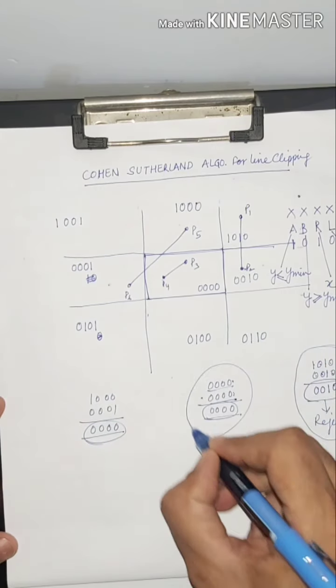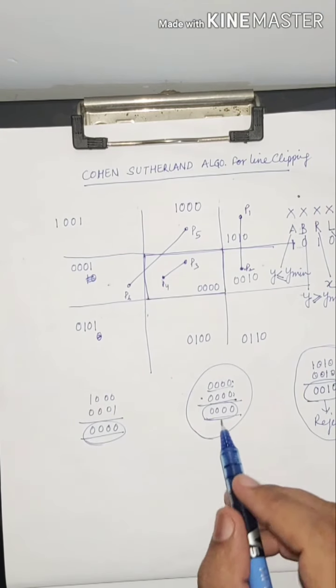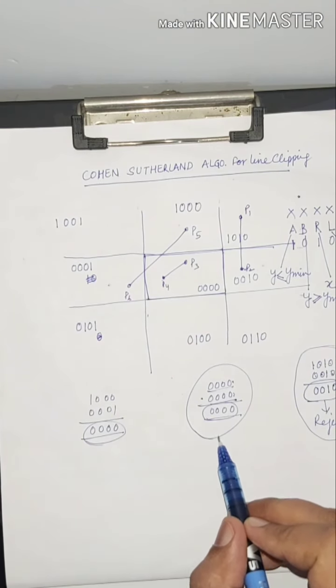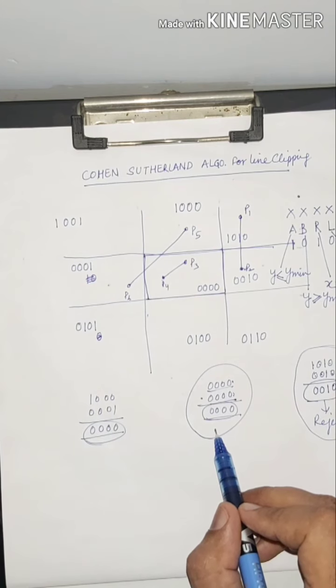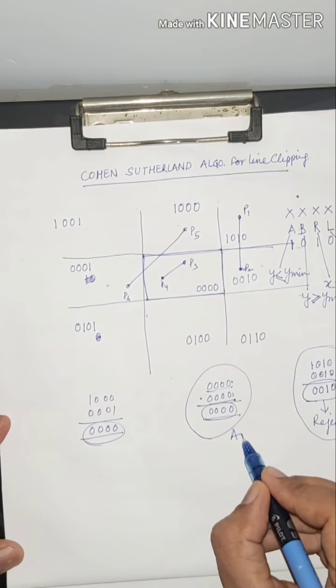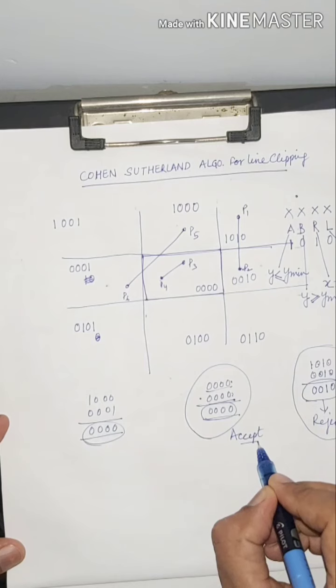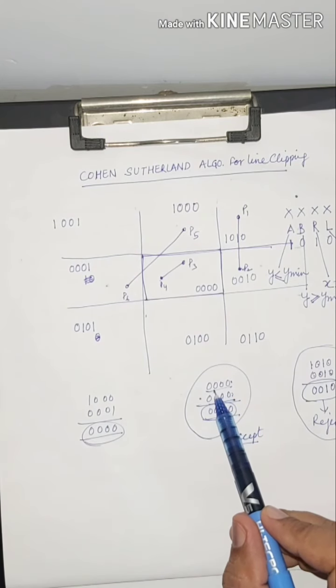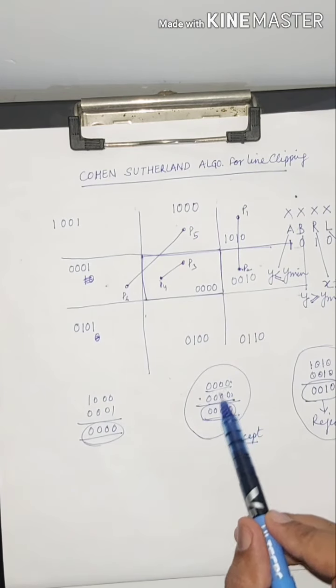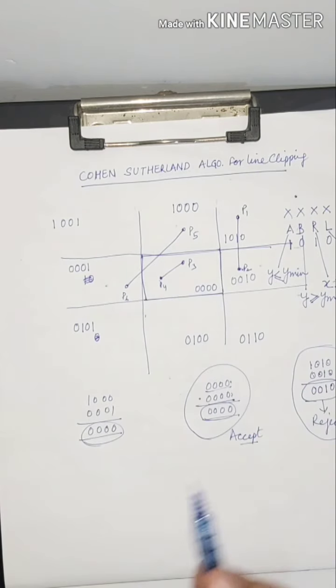In such a case also, you don't need any workout. No calculations are required. You simply accept it as such. Accept the line which has all zeros for both of its extreme points.